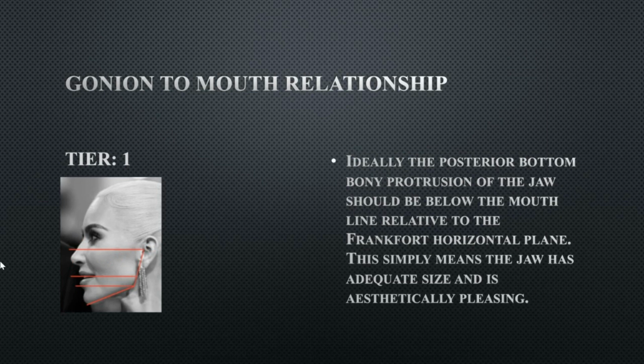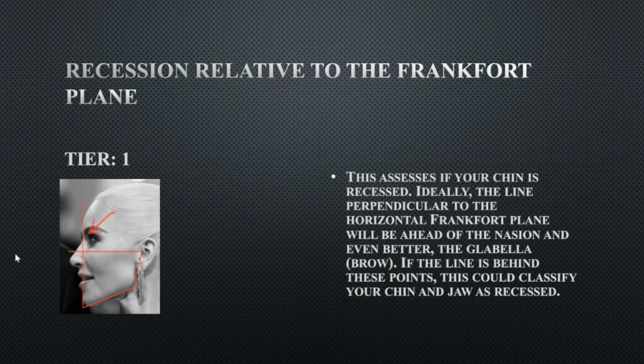Her gonion to mouth relationship measures if you have an adequate jaw for your face, and how it determines that is by your gonion, so this bone right here, being undercut by the lip line. So if your gonion bone undercuts the lip line, that means you got an adequate size ramus or jaw for your face. And as you can see, she does have that.